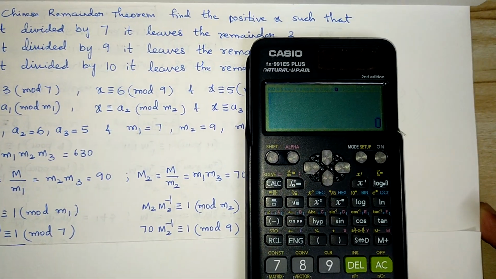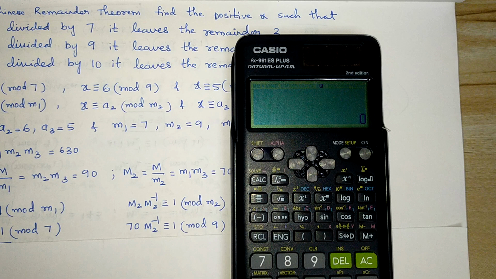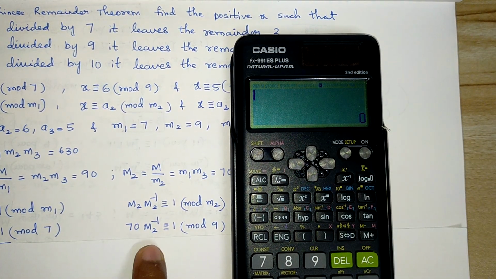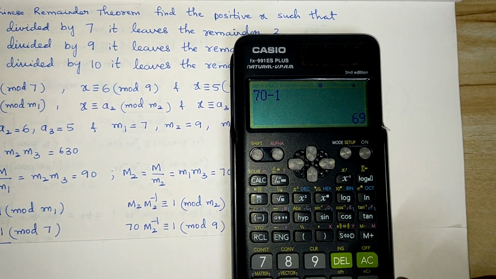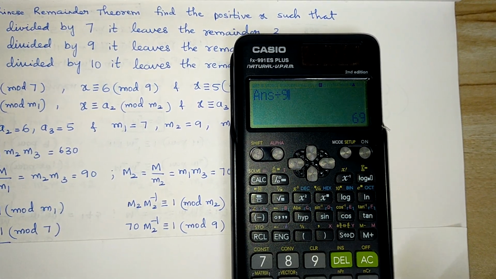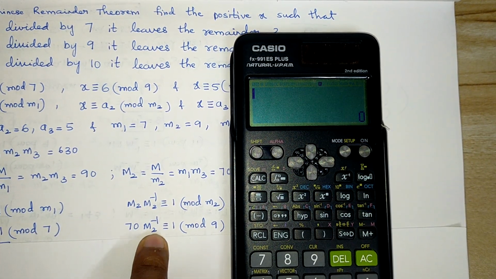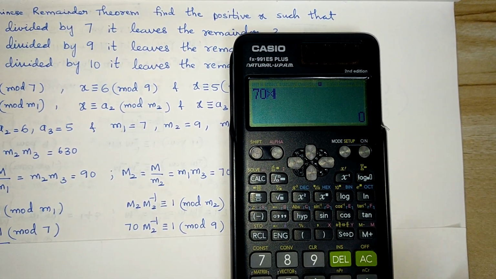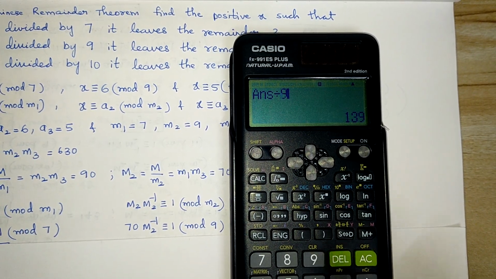Here 70 into M2 inverse congruent to 1 modulo 9, right? Let us substitute M2 inverse equal to 1. 70 minus 1, is that divisible by 9? No, we are not getting an integer. Let us substitute M2 inverse equal to 2. 70 into 2 minus 1, is that divisible by 9?